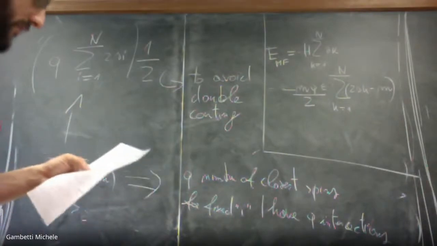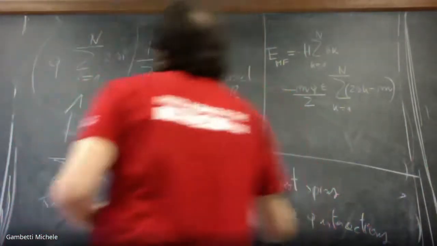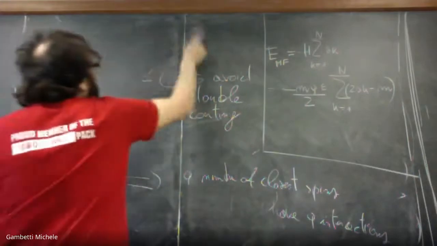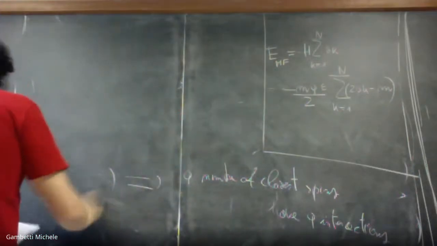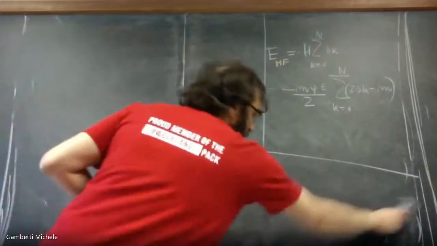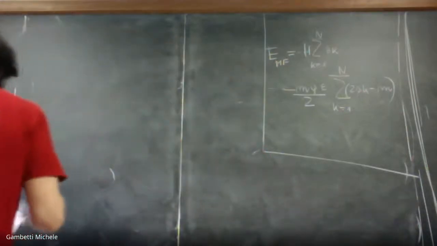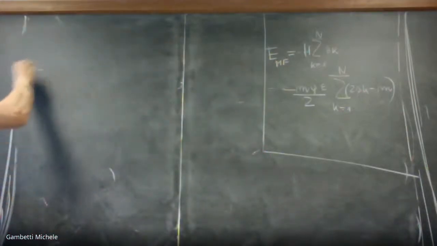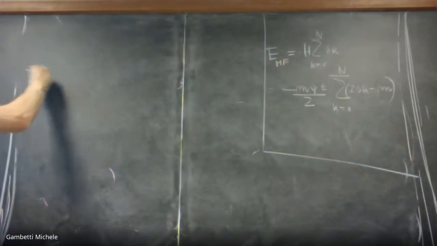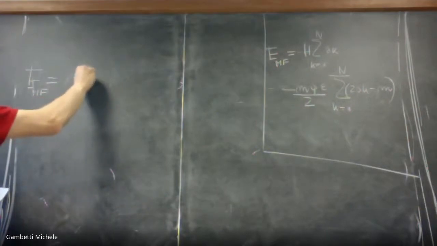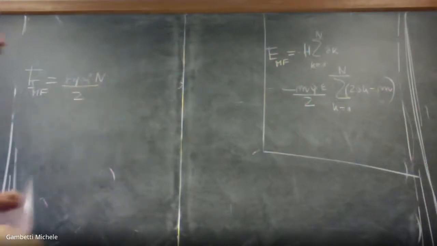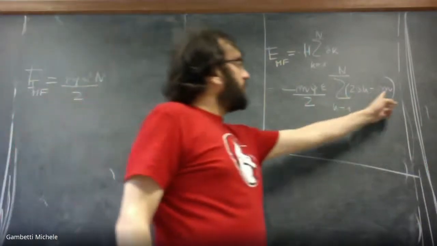So this is the mean field. Let me write it in a slightly different way. The mean field energy is equal to epsilon q m squared n divided by 2. Where does this come from? From the sum over m.